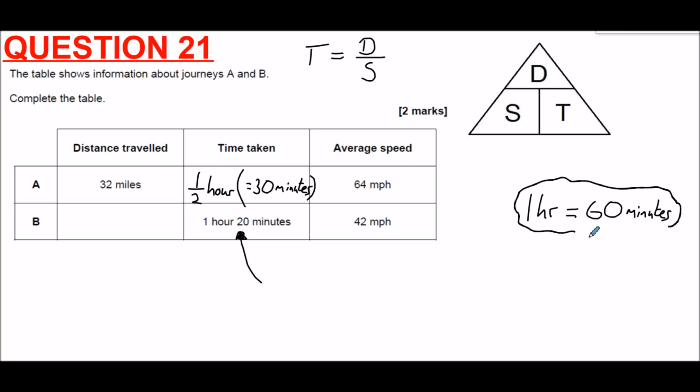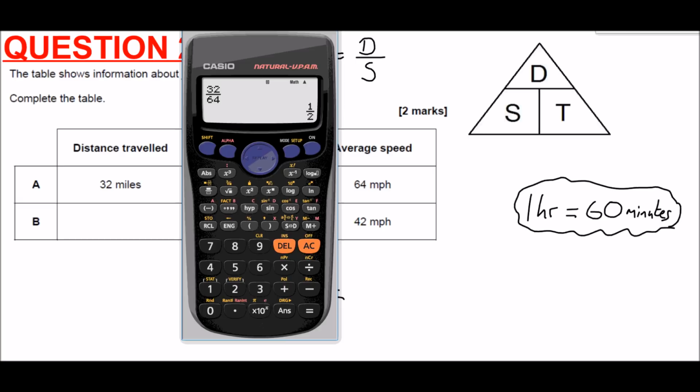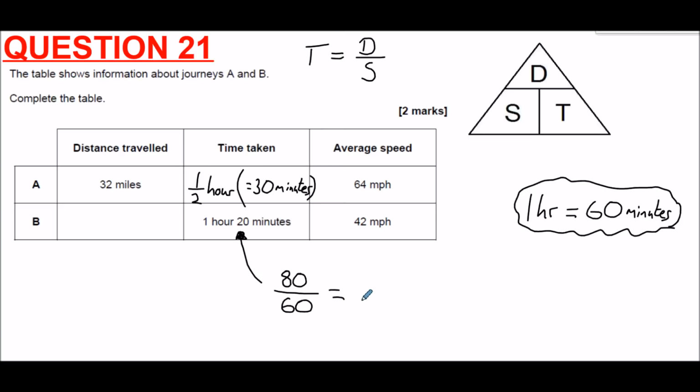I'm going to show you two ways of doing this. 1 hour 20 minutes, we could think of that as a fraction of an hour. So 1 hour and 20 minutes is a total of 80 minutes. 80 out of 60 would give us 4/3.